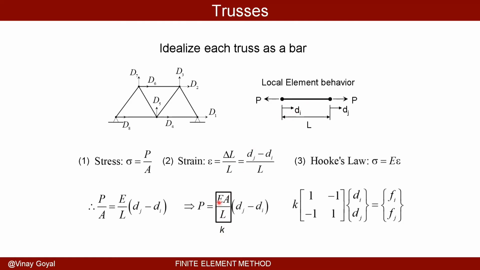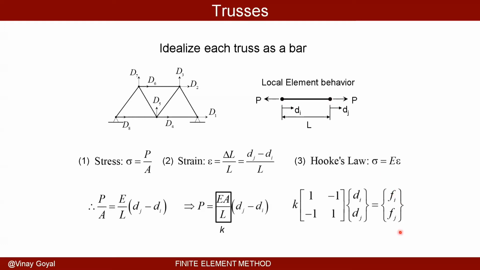I know E, the modulus of the material. A is the cross-sectional area. L is the initial length of that element. Now I can also write this equation in matrix format. If you recall, this force here is Fi and the force here is Fj.